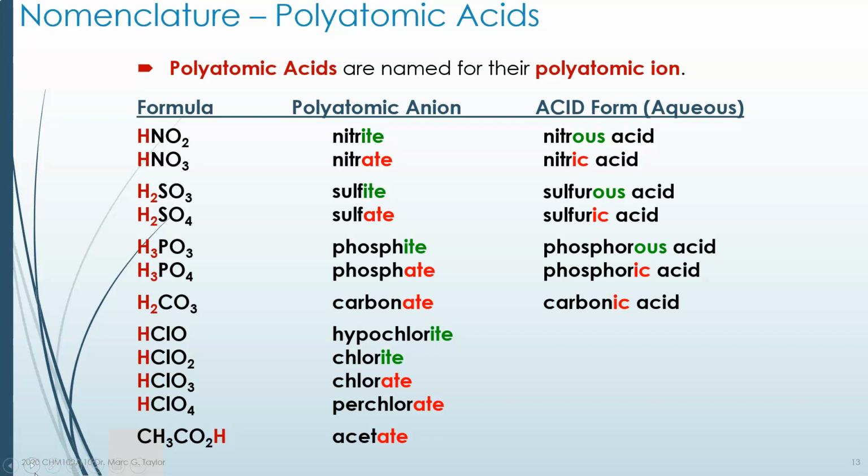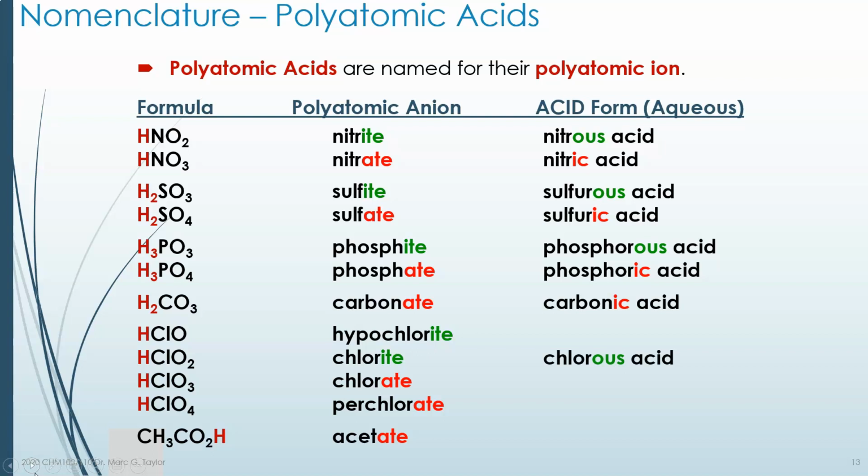So if you have carbonate, which is CO3 2-, and you add 2 protons to it, 2 H+, you get carbonic acid, H2CO3. We also have acids that can be made from any of these chlorine oxide ions that we had before. Hypochlorite, chlorite, chlorate, perchlorate. The ites get replaced with ous acid. The ates get replaced with ic acid.